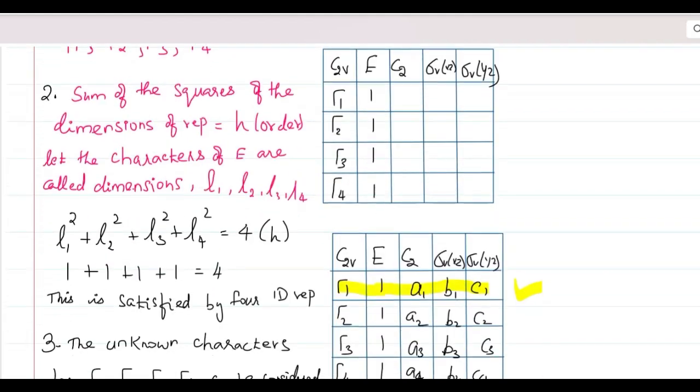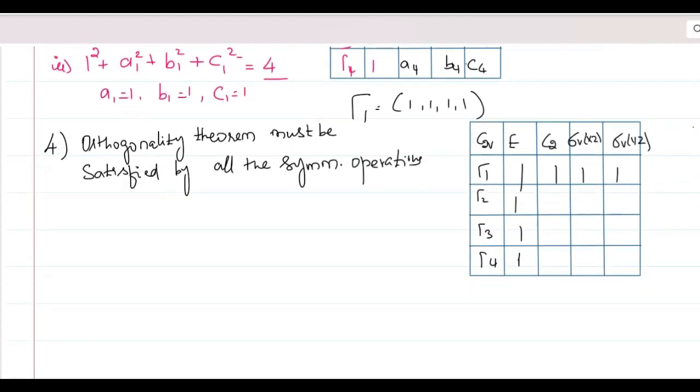So in that case, what are we going to do here? Summation over R of the character of any symmetry operation belonging to the ith irreducible representation, into the character belonging to the same group but a different irreducible representation.